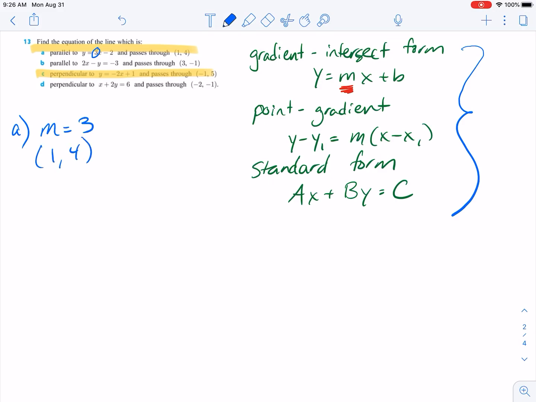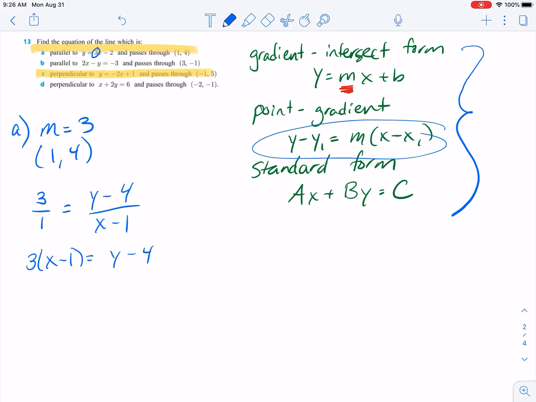We can either use the point-gradient form, or do the slope 3 over 1 equals y minus 4 over x minus 1. I cross-multiply and get 3 times x minus 1 equals y minus 4. This is 3x minus 3 equals y minus 4. If I want it in standard form, I'm almost there: 3x minus y equals negative 1.